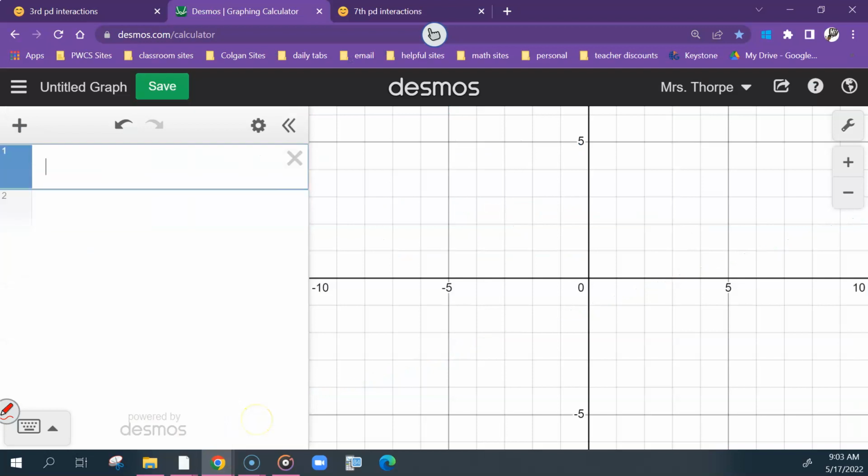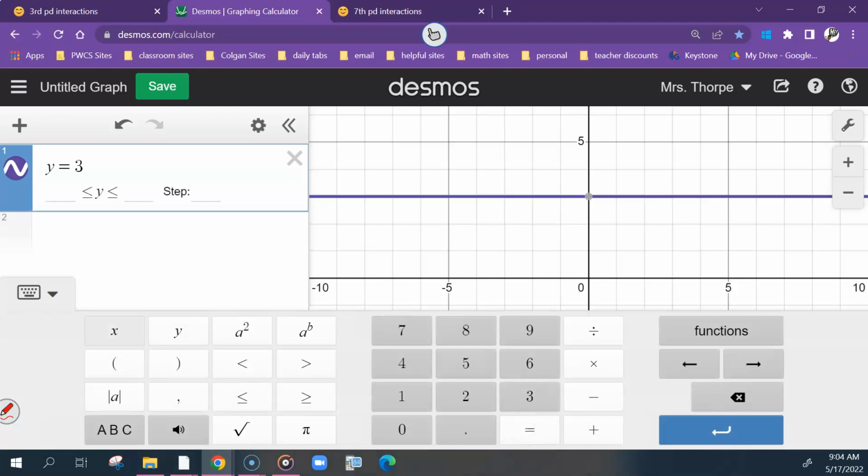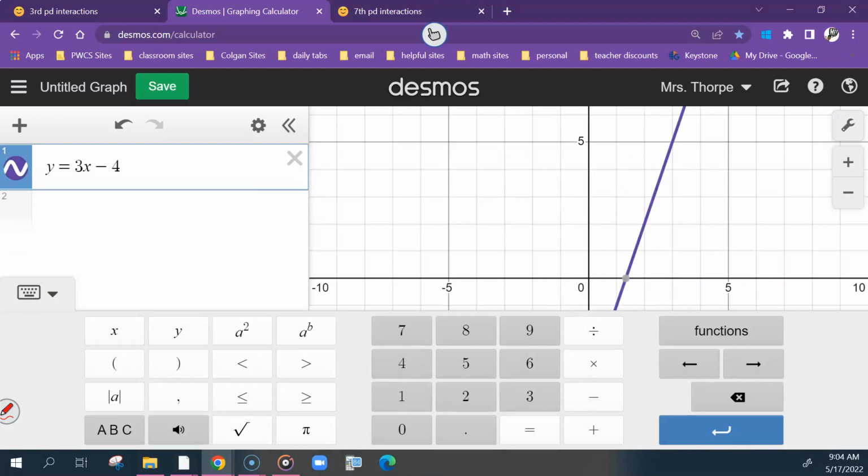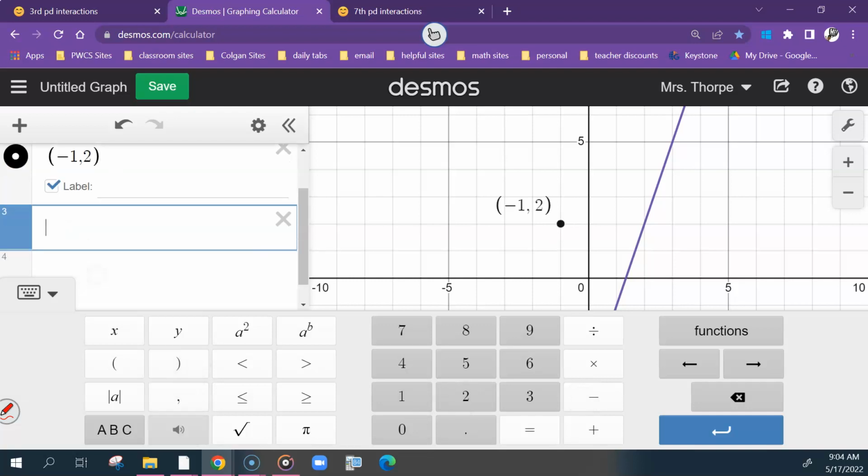Alright, so for this, I'm going to type in the equation for 30, y equals 3x minus 4. And then I'm going to type in the ordered pair -1, 2. And then I'm going to type in y equals mx plus b.